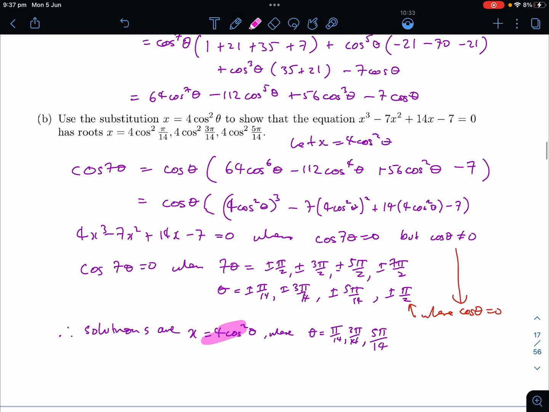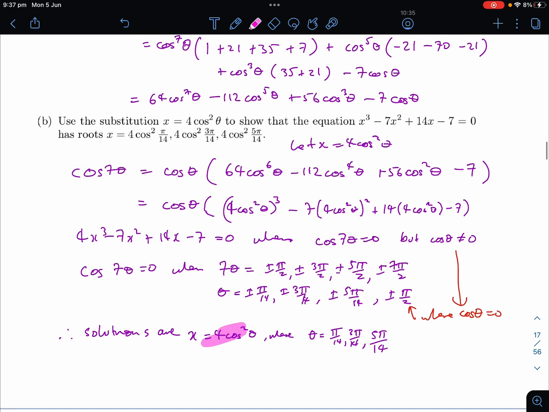And part B is really where there's actually some work, but they give you the substitution and then that sort of plays out. You just need to be a bit careful: if you're trying to solve this equals 0, you're specifically interested in where this is 0 but this is not.